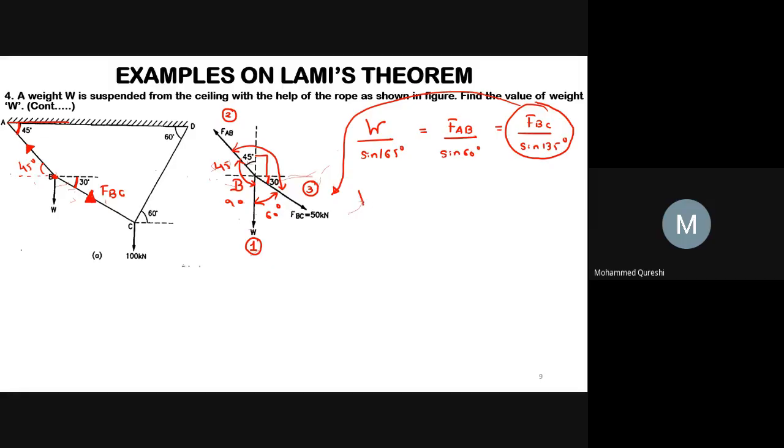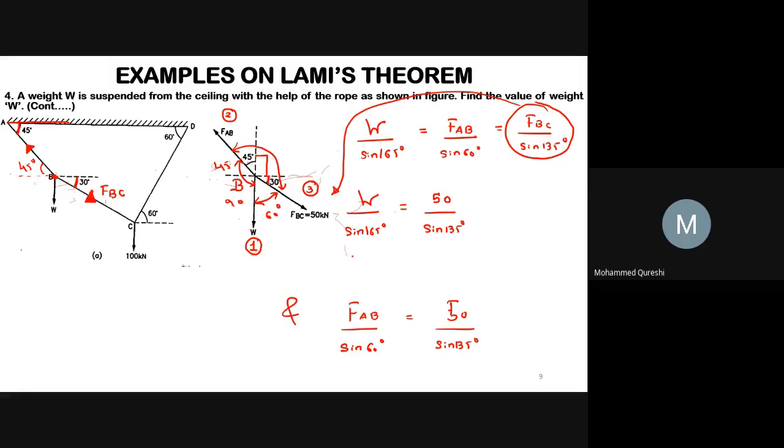Hence we may write W upon sine 165 degree equals to FBC, which is nothing but 50, upon sine 135 degree, and FAB is still unknown, upon sine 60 degree equals to FBC, 50, upon sine 135 degree.